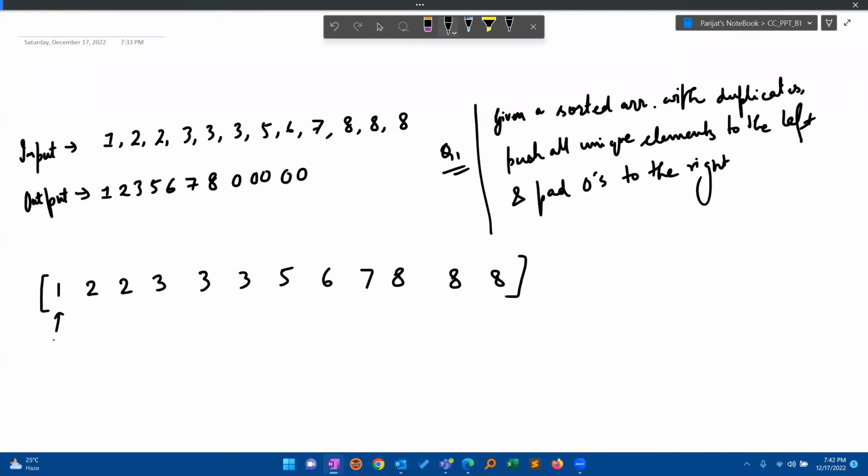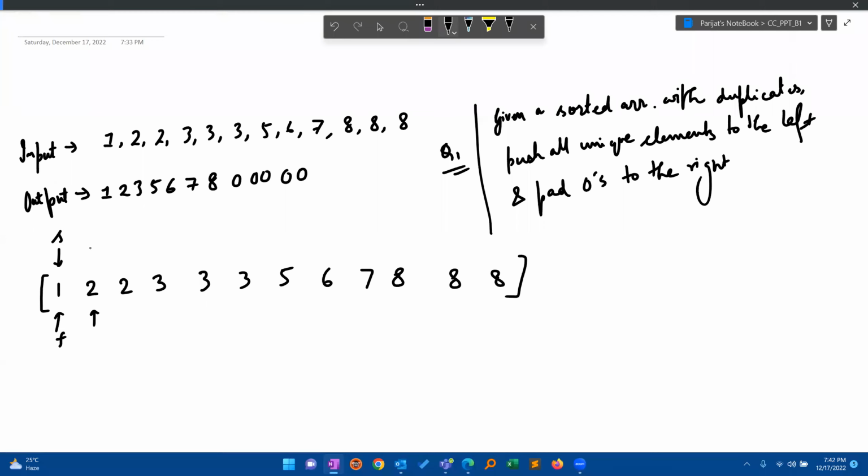The first pointer is going to traverse all the elements. Let's call it the first pointer. Let's call this the second pointer. First pointer is going to traverse all the elements. So it starts traversing. Say it goes here. Now that we have seen an element which is greater than the previous element, the second pointer is pointing here, right?